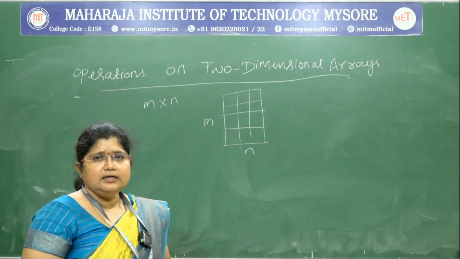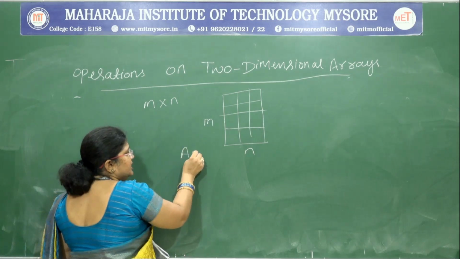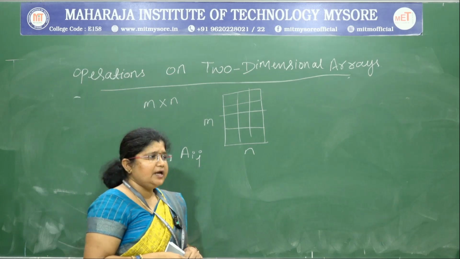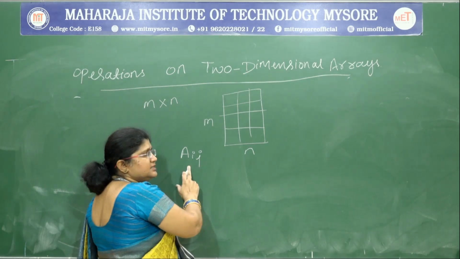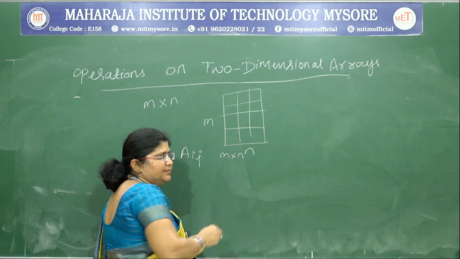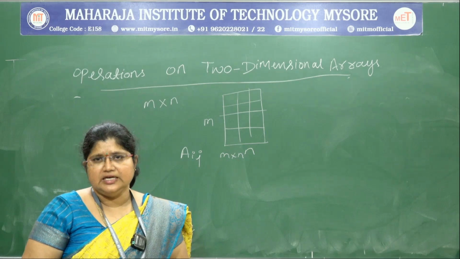Let us consider a matrix A[i][j], where i and j are the subscripts. A[i][j] has size m cross n. The size of matrix A is m cross n.